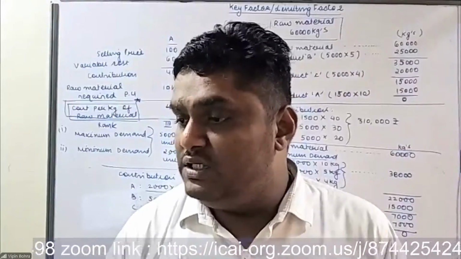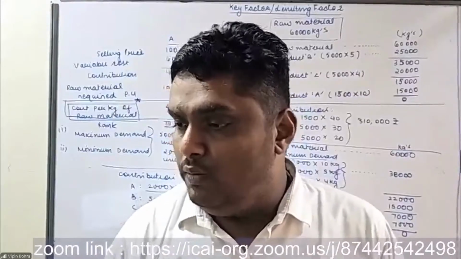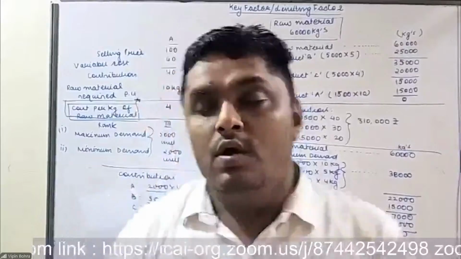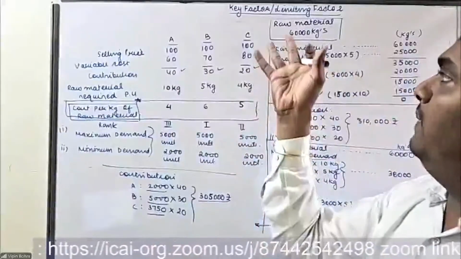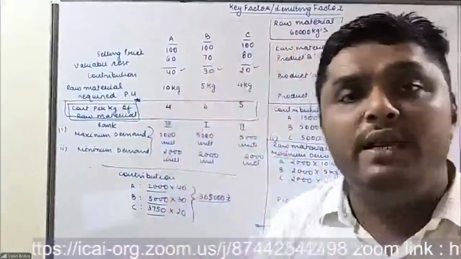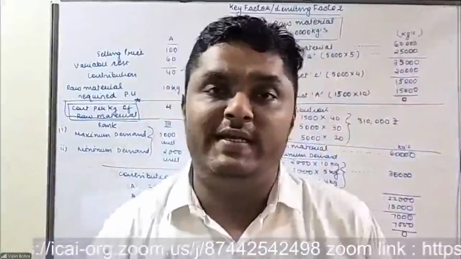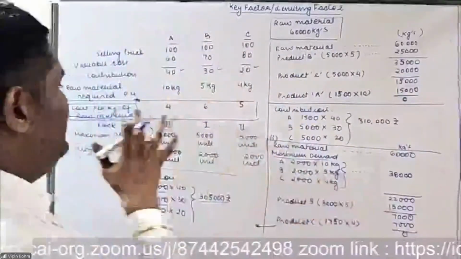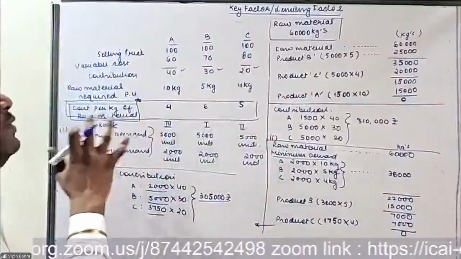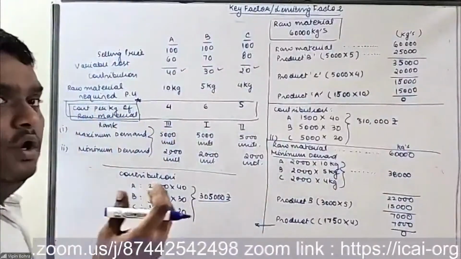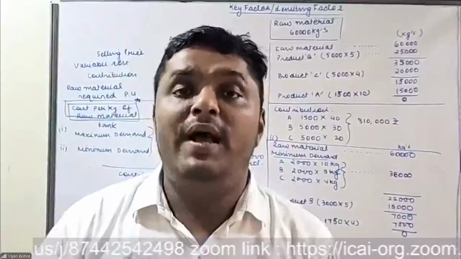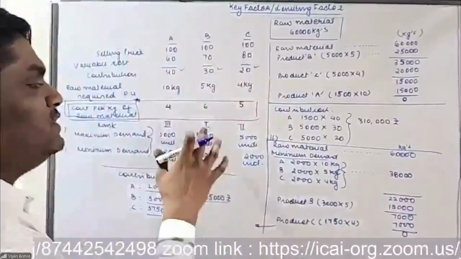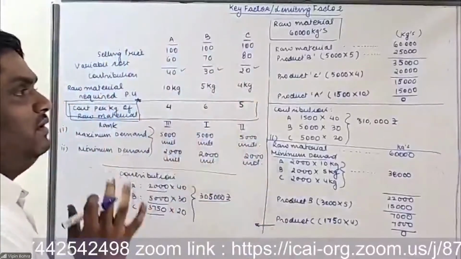If there are any questions, Sujay, I'll try to cover it. Don't worry, Sujay. So I repeat again, guys. Here in this question, my raw material was available in very limited quantity, so it was the key factor. So my entire decision was based on contribution per kg of raw material to decide which product should be manufactured in priority. So accordingly, we got this priority order first, second, and third.